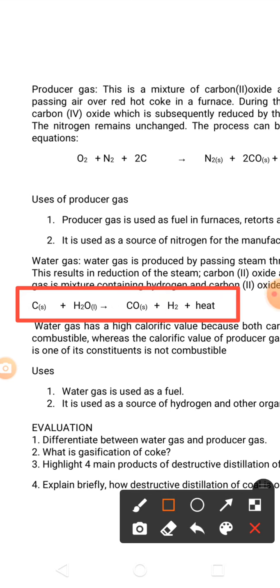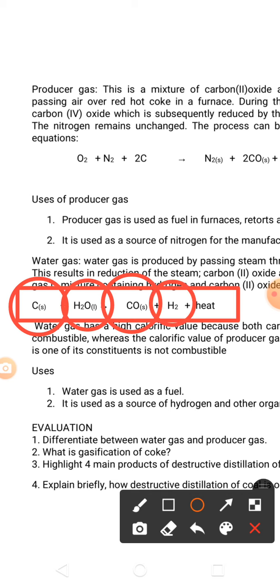If you use steam, that's liquid H2O, if you use this H2O to gasify coke, you see C plus H2O, so it gives you CO plus H2.